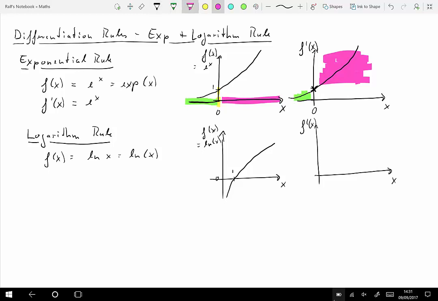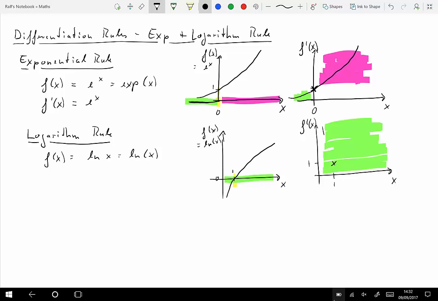So what does the derivative function look like? Here you can see that the slope of the logarithmic function gets flatter and flatter. So we are talking about a declining derivative function here, but the derivative remains positive always. So we are in this green area, but our derivative function is declining. Now at the value x equals 1, the logarithmic function will have a slope of 1, so the derivative function will go through this point.